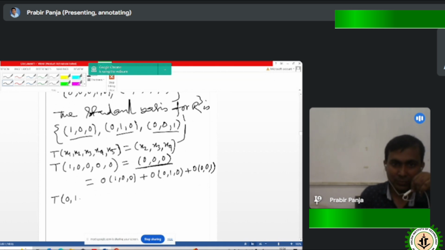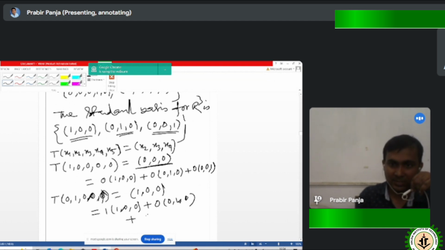Now we'll take the next element from the basis set of R5, so it will be 0 1 0 0 0. Under this transformation, its image will be 1 0 0. Again, we have to write this 1 0 0 as a linear combination of the basis vectors of R3. So this will be 1 into 1 0 0 plus 0 into 0 1 0 plus 0 into 0 0 1. Okay.